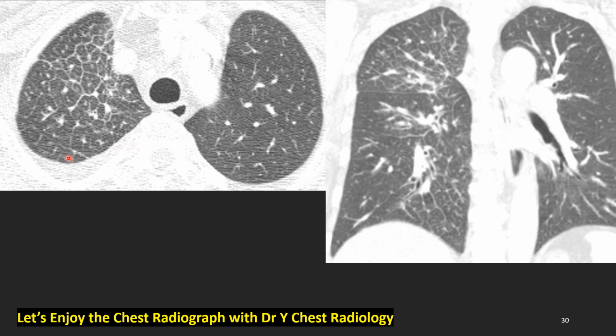Yes, this is the famous finding of lymphangitic carcinomatosis. Let's look closely and compare with the normal left side. First, we see the pleural effusion here. Septal thickening. Always compare with the normal left lung. Septal thickening, arcade formation.